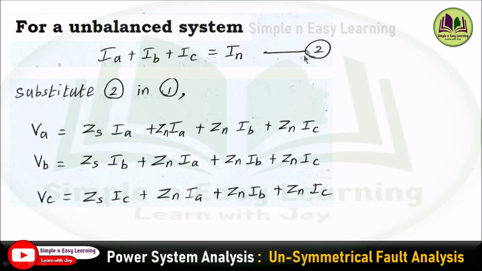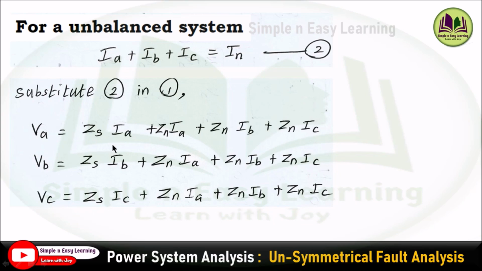So substitute this condition in the first equation. Instead of In, we are going to substitute IA plus IB plus IC. So the first equation becomes VA equals Zs IA plus Zn IA plus Zn IB plus Zn IC. Similarly, VB equals Zs IB plus Zn IA plus Zn IB plus Zn IC. Similarly for VC.